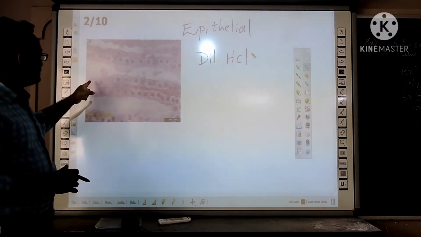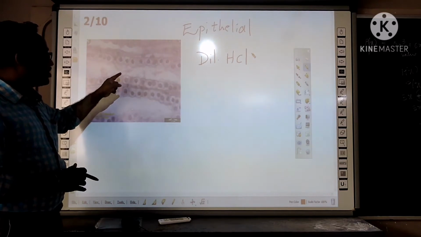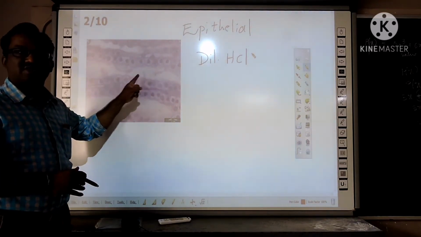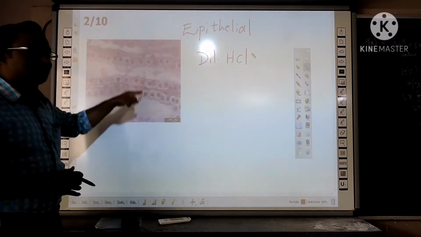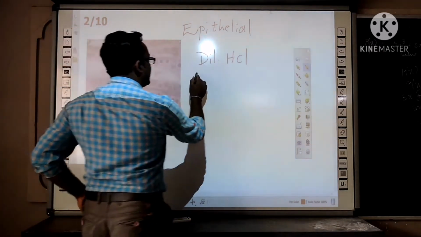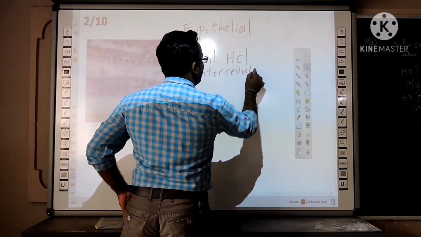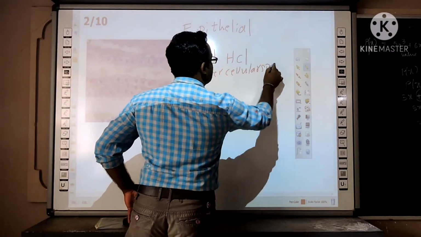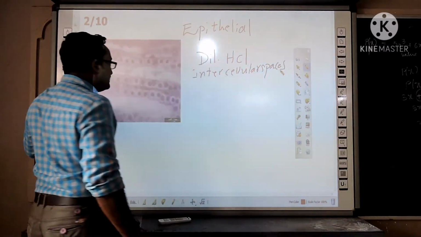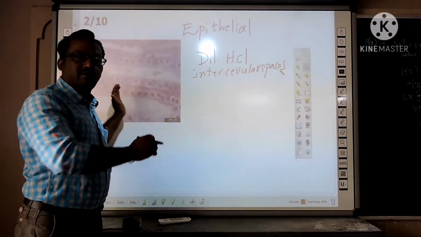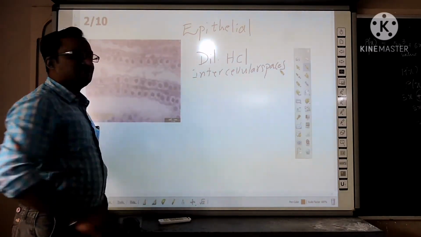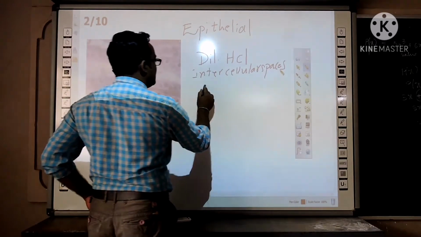If you observe, the cells are arranged close together. There are no intercellular spaces. Understand? No intercellular spaces. That means no spaces between the cells. In such a way, by arranging close together, they form a continuous sheath.